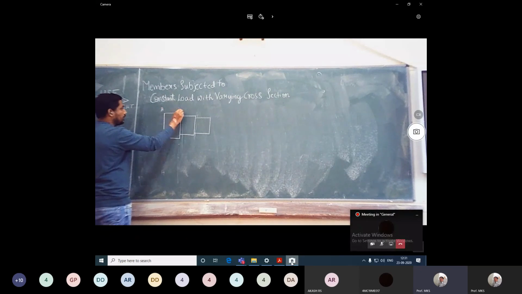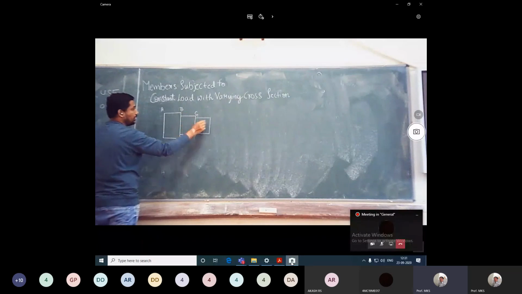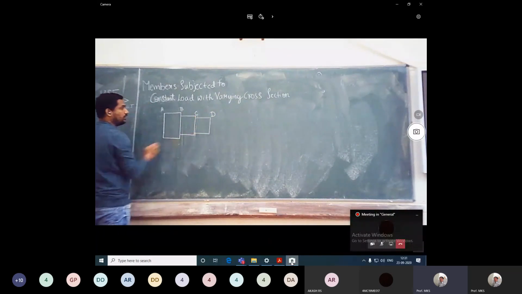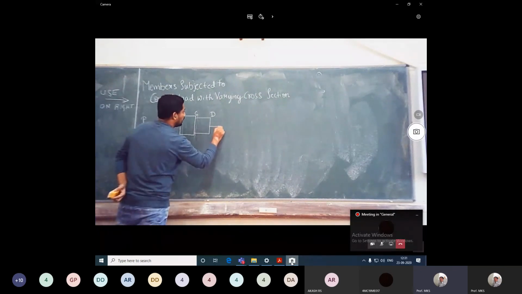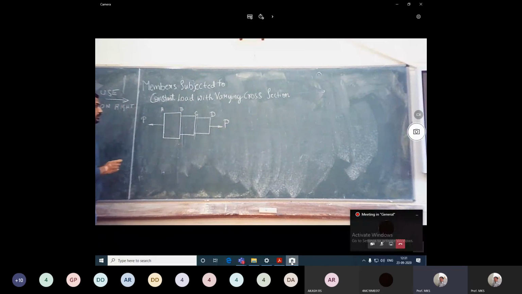You can take the ends: AB is of different diameter and length, BC is of different diameter and length, CD is of different diameter and length. And this bar is subjected to some tensile load P. P is the tensile load acting on the bar.